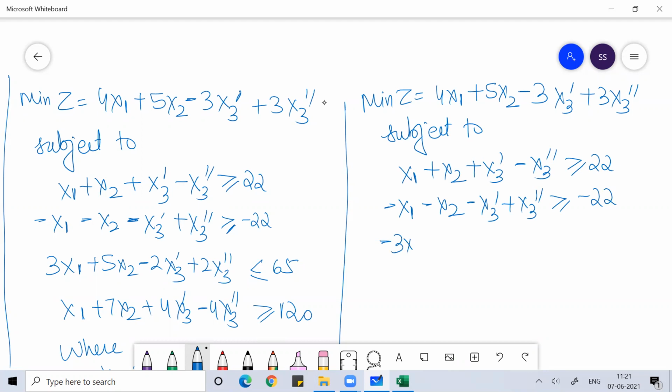This is minus 3x1 minus 5x2 plus 2x3 dash minus 2x3 double dash greater than or equal to minus 65.